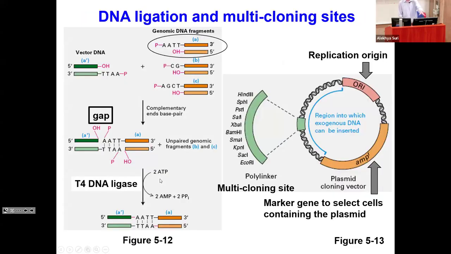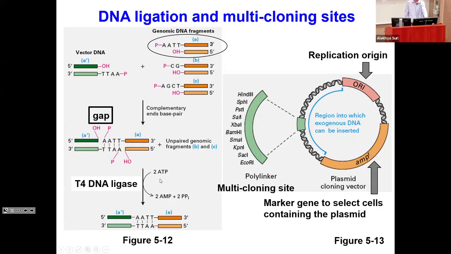So that's exactly the slide I mean here. When you cut DNA, in this case with EcoRI, you have these sticky overhangs, TTAA, for example, and then you want to bring together the DNA fragment with the plasmid vector DNA. These sequences, TTAA and here AATT, are complementary to each other, so they will anneal.